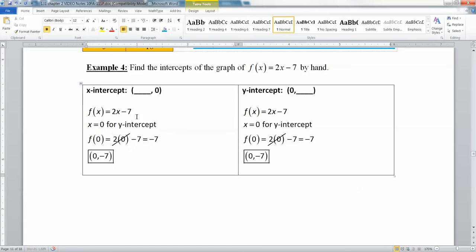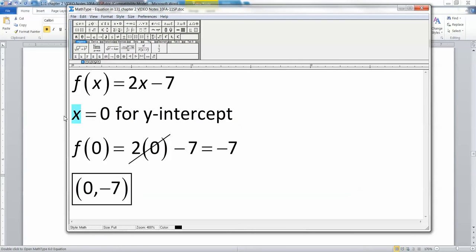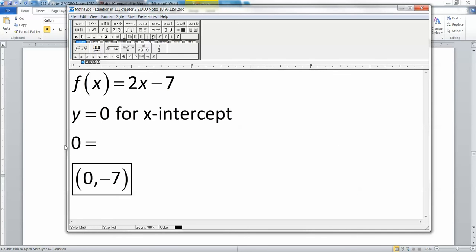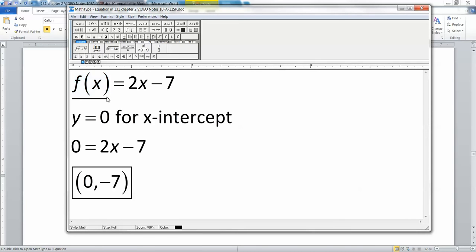Now the x-intercept is a little bit trickier. So you want y equal to 0 for the x-intercept. So instead of putting 0 in for x, what I'm going to do is set the whole thing equal to 0. Where there was a y, which was this whole big f of x thing, that is your y. It's just a fancier way to write it. So this thing goes away and becomes 0, right?